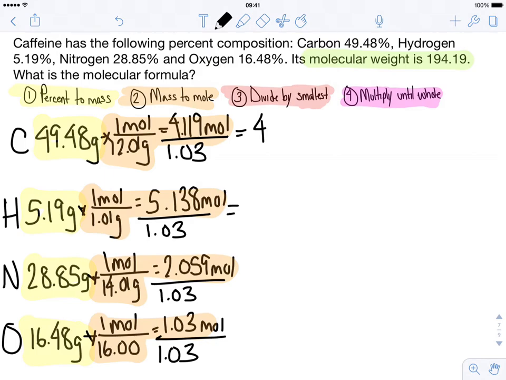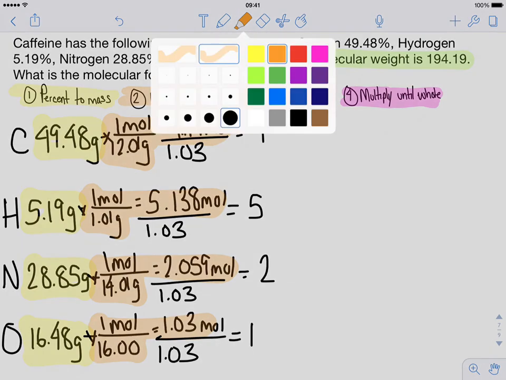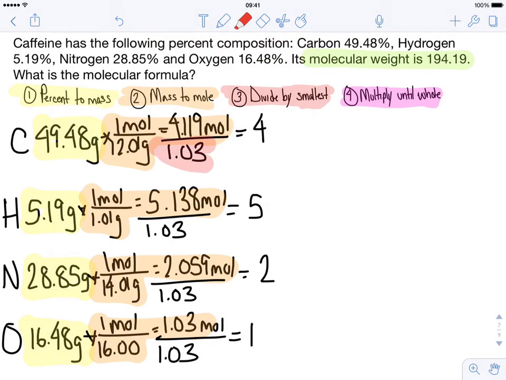Hydrogen comes out to 4.98, which we can round to 5. Nitrogen comes out to 1.99, which we can round to 2. And then oxygen, of course, is going to be 1. So this is step 3, dividing by the smallest number of moles.